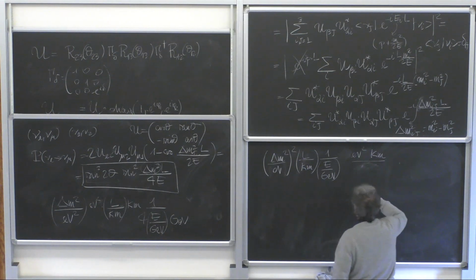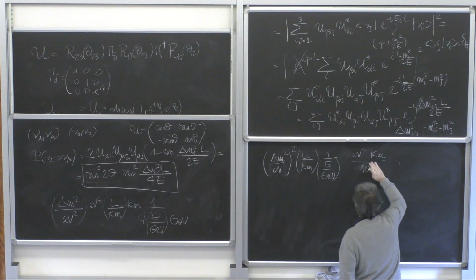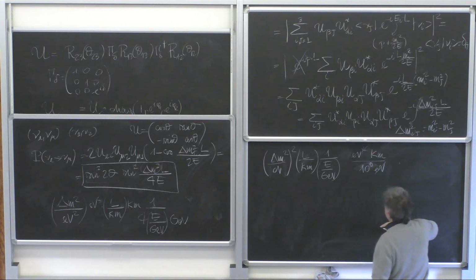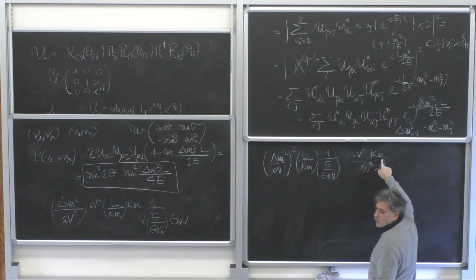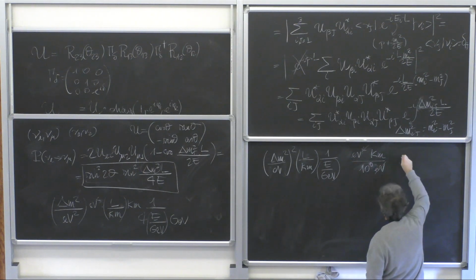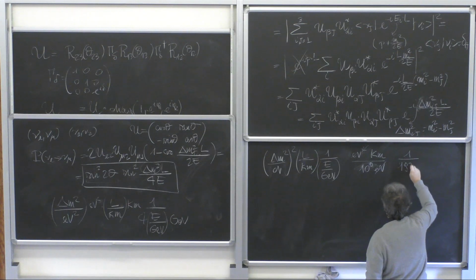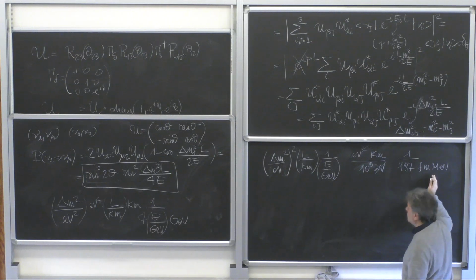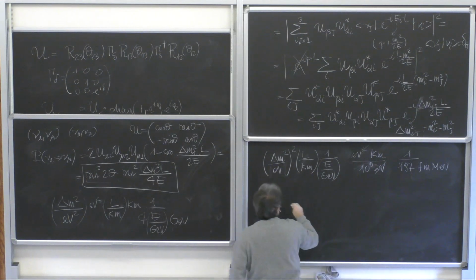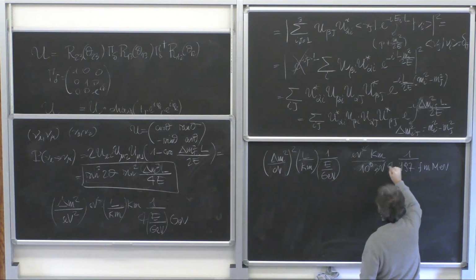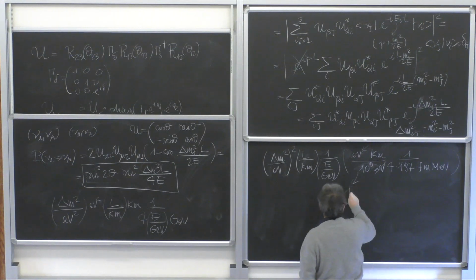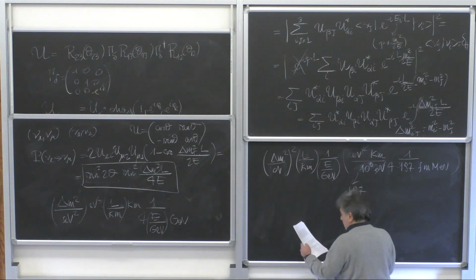So let's say 10 to the 6 to 9 eV. You see that here you have eV times kilometers, so energy times distance, and you can divide again by 1, because this is 1, and you will get this factor here. There is also a 4. If you see, this is 1.27.